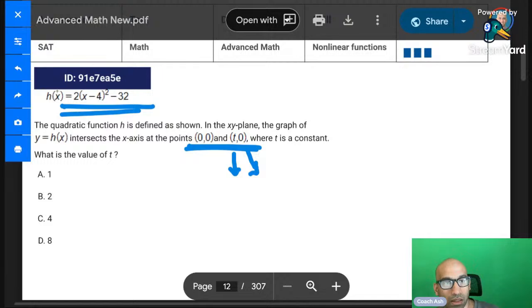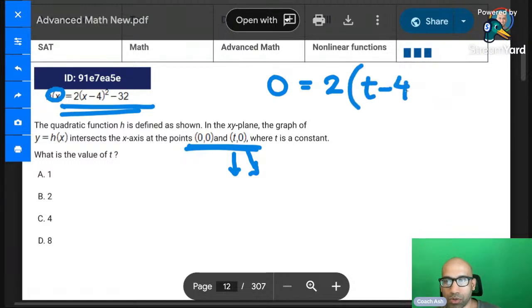So what's the y here? The y is always this left-hand side. So I'm going to put 0 is equal to 2 times (t minus 4) squared minus 32. Right? That's it. Easy. That's the important idea.